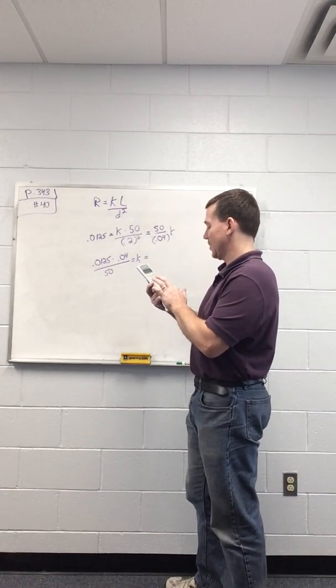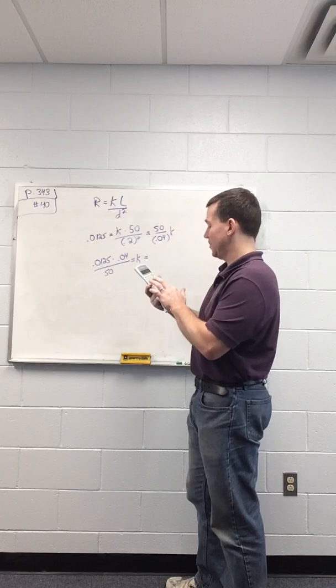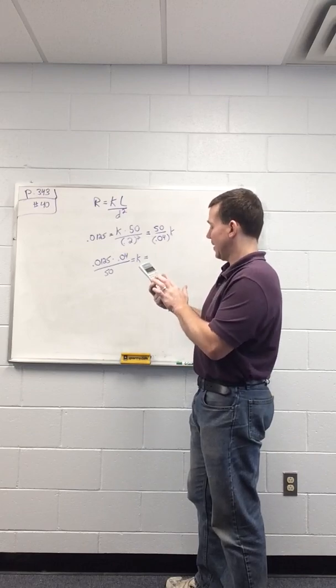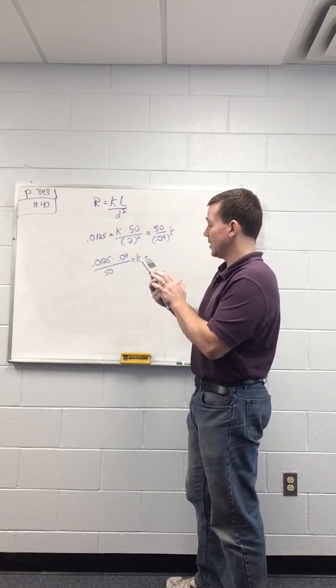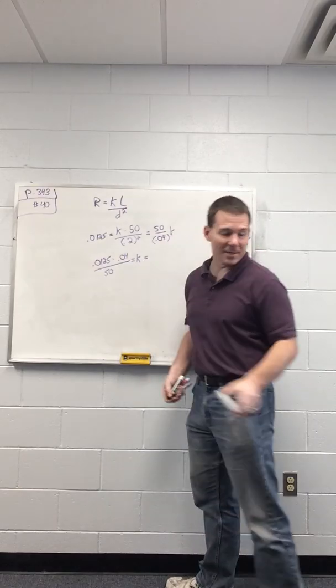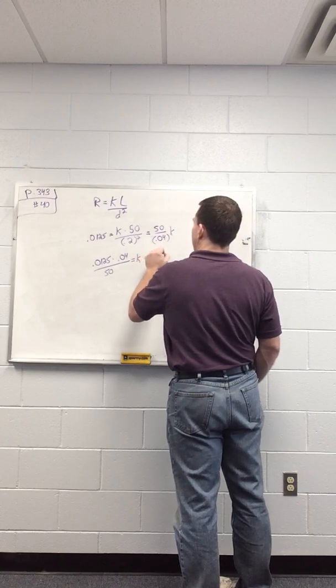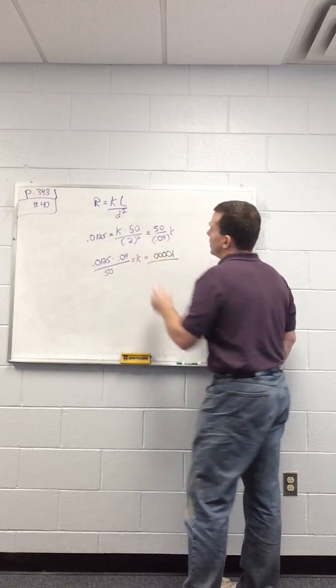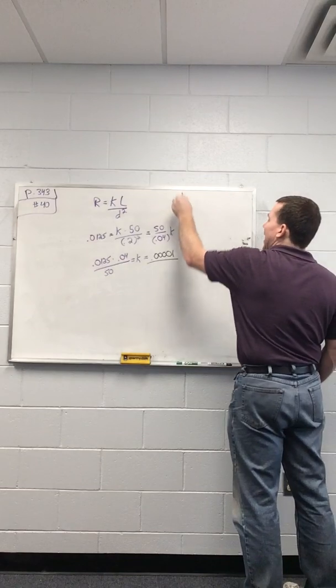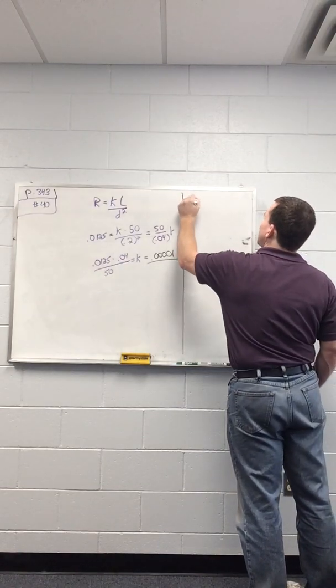I get 0.0125 times 0.04 divided by 50, 0.00001. There's my K.